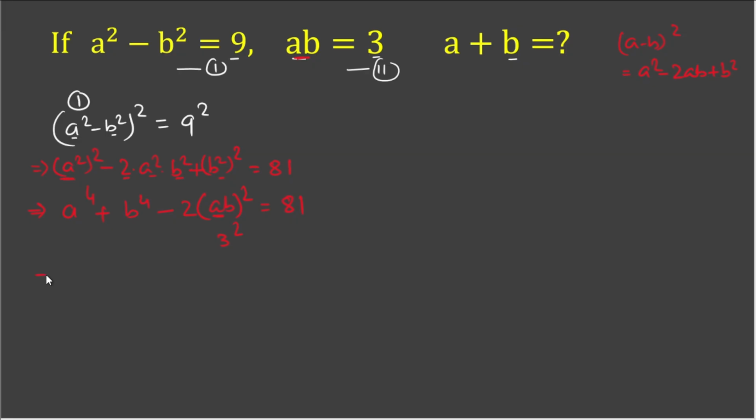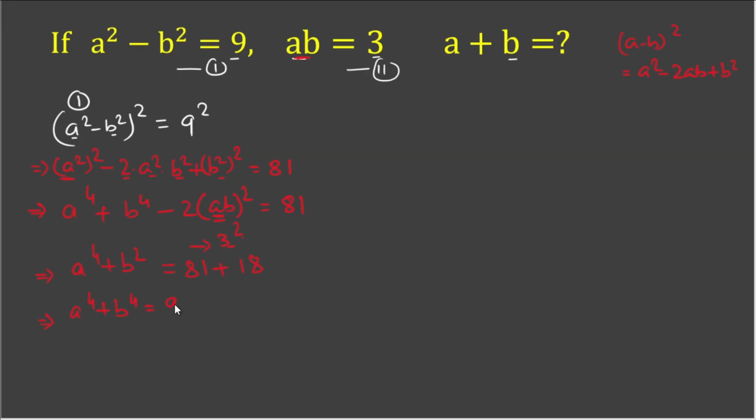Now in the next step we can write a powered by 4 plus b powered by 4, and the value of this term 3 square is 9, 9 times 2 is 18, so this will go to the right hand side, it will be positive, so we can write equal to 81 plus 18.